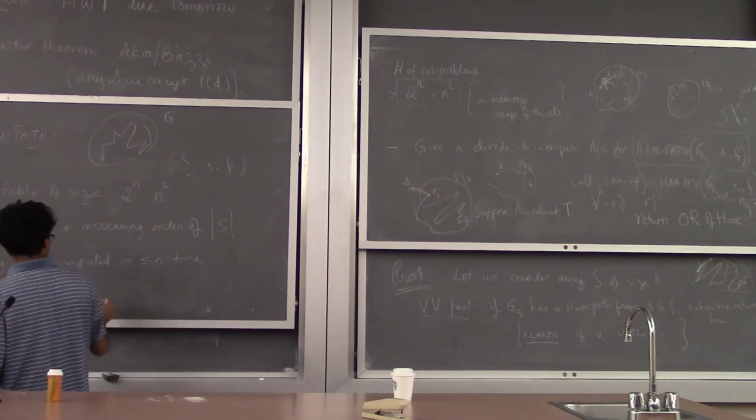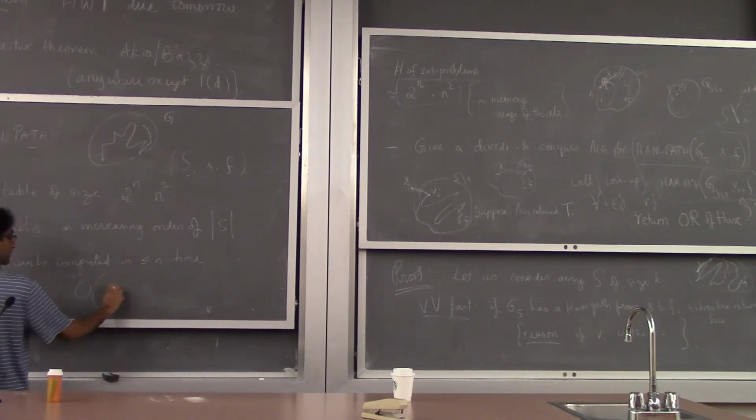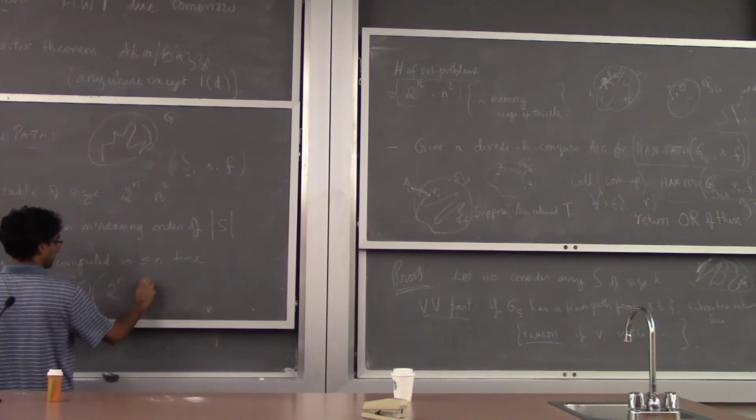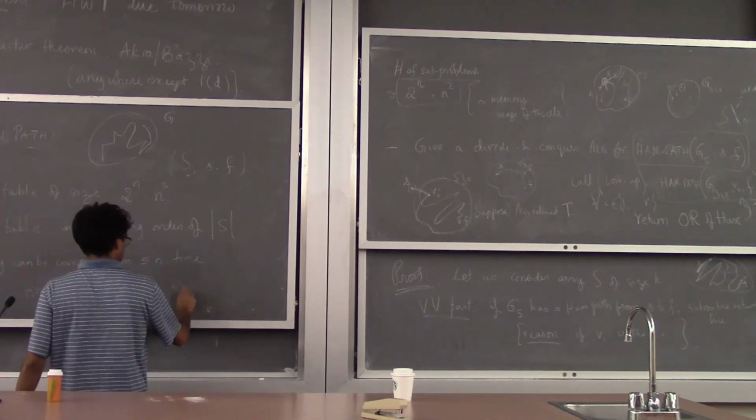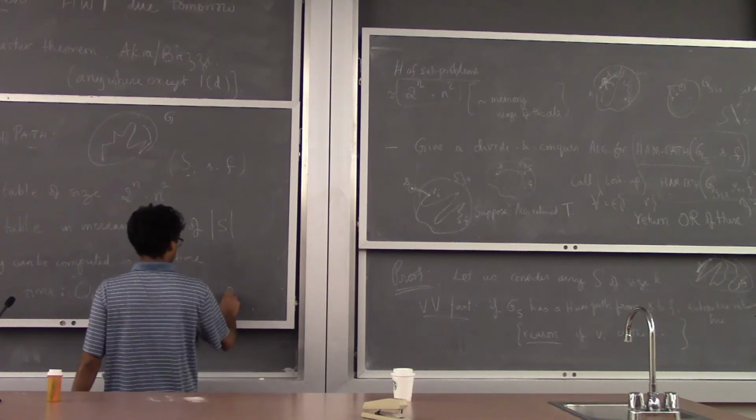And this gives a total running time of 2 to the n times n cubed, because there are 2 to the n times n squared entries, each one takes n time. And space is 2 to the n times n squared.